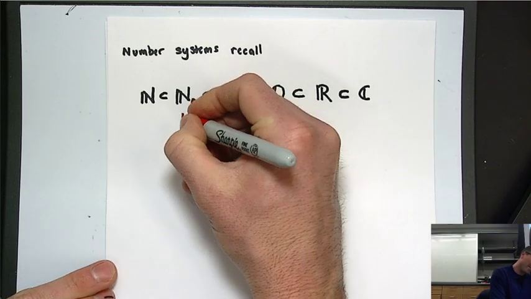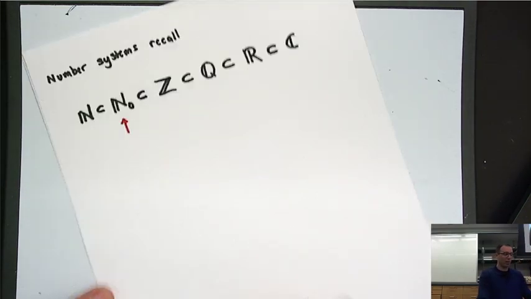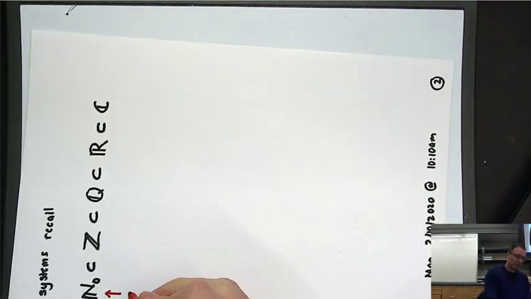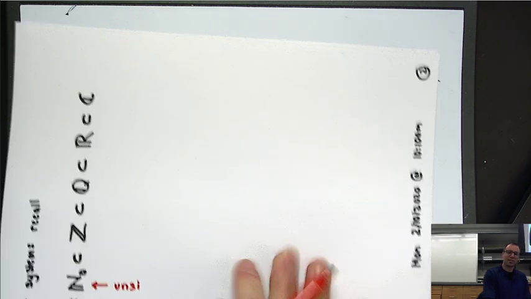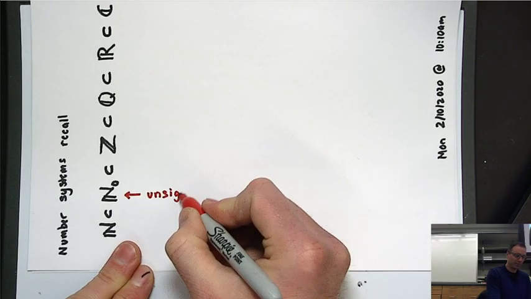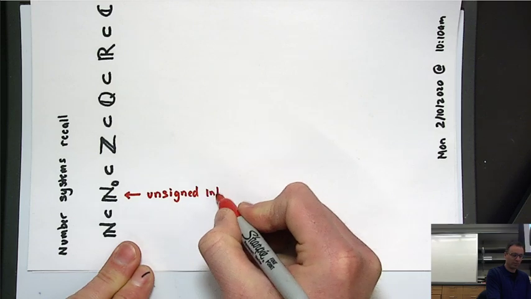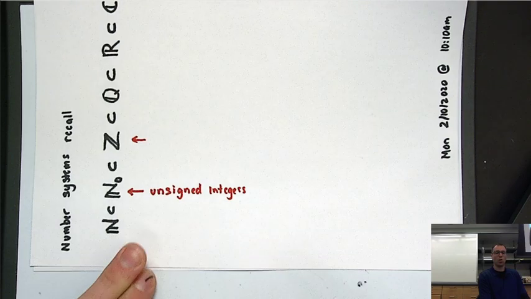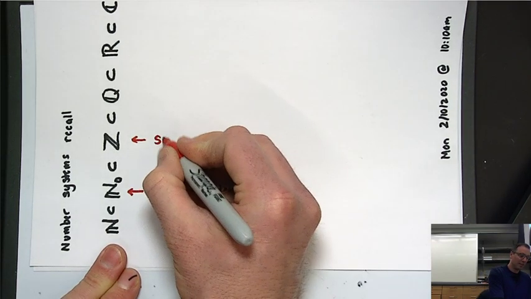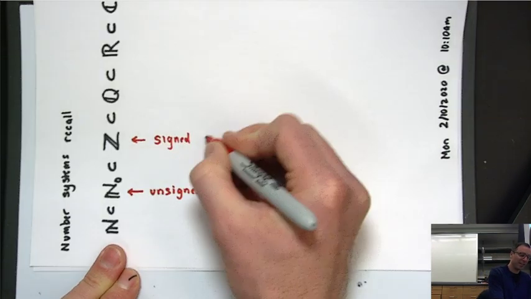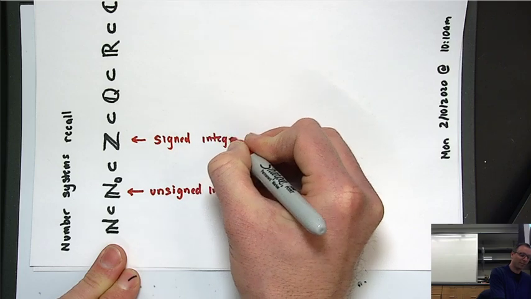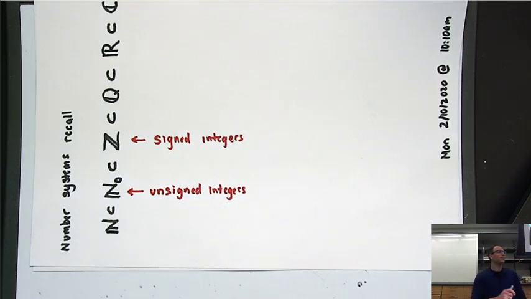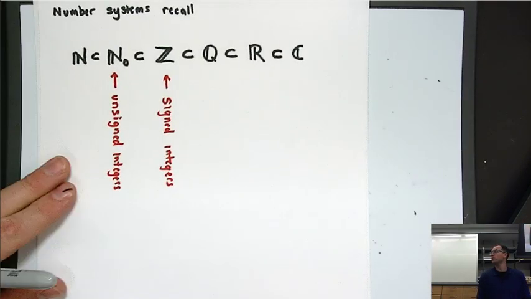Let's go ahead and think about this for a second. This thing right there, what's it called? In computer science lingo? So that's called unsigned integers. This one's called signed integers. Could you guess what we're going to do next? Could you guess what fixed points are used to do?